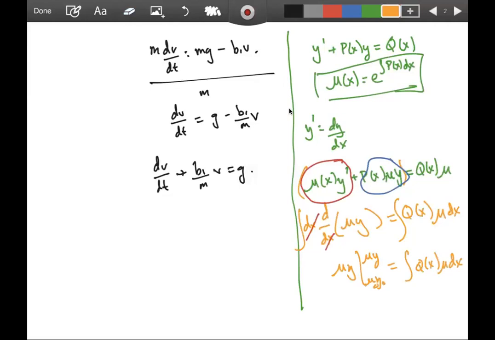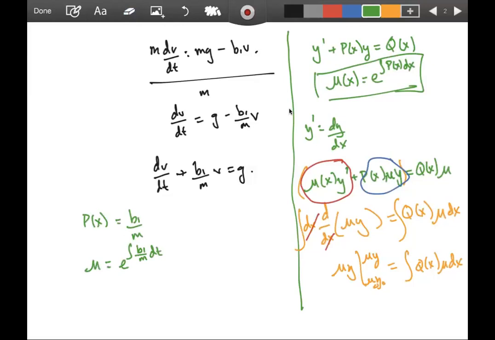So again, I can always rewrite this in terms of this integrating factor, which turns this left-hand side into a total derivative. Let's see how this actually works. Comparing my equation on the left in black to the equation on the right, p sub x in this case is simply equal to b1 over m, which means my integrating factor mu is e to the integral of b1 over m dt, because in this case I'm doing a t integral, not an x integral.